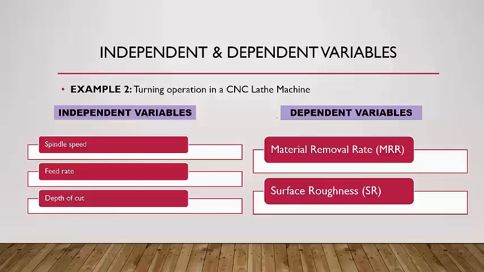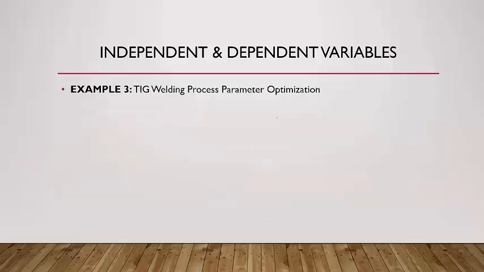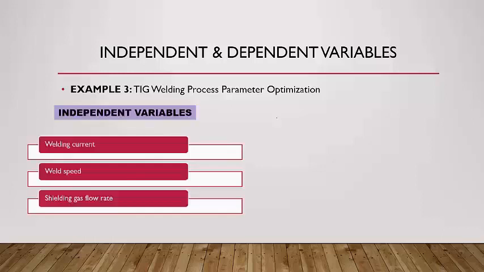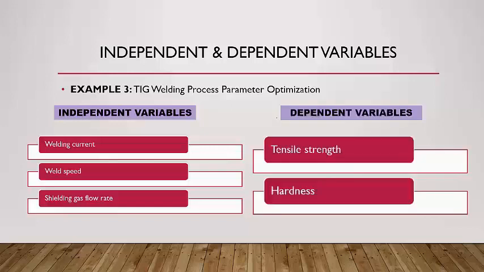Considering one more example, in case of a TIG welding process parameter optimization analysis, a few significant independent variables are welding current, weld speed and shielding gas flow rate. So these are the input factors for the analysis. And the tensile strength and hardness of the welded specimens will be considered as the dependent variables of the process.